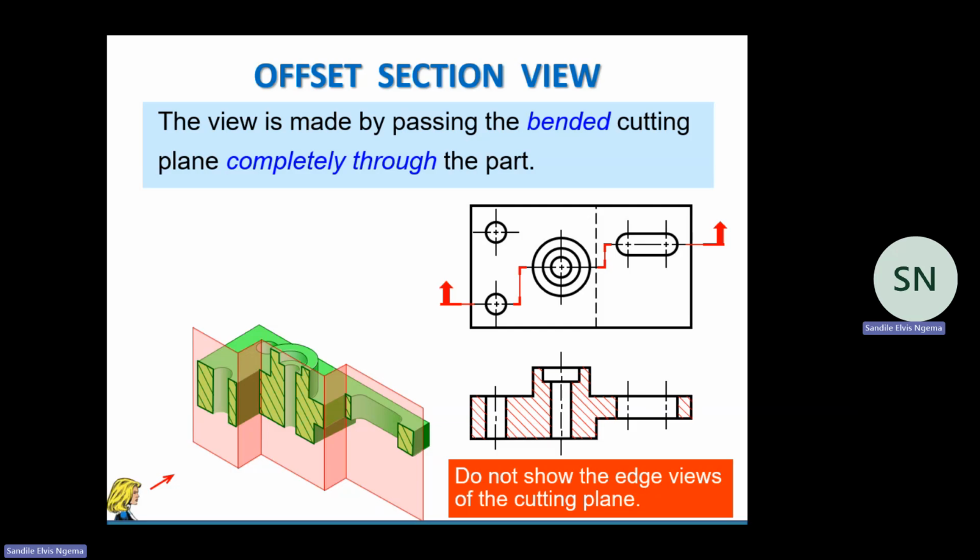So those are the three different types of section views that we are going to look at. And I hope that with these three types of section view, you did understand and you did get an idea of a sectional drawing. Remember, we are still going to apply the very same concept on the upcoming chapters, which is the assembly that has more marks, 35 marks, and a detailed drawing, which is 20 marks.